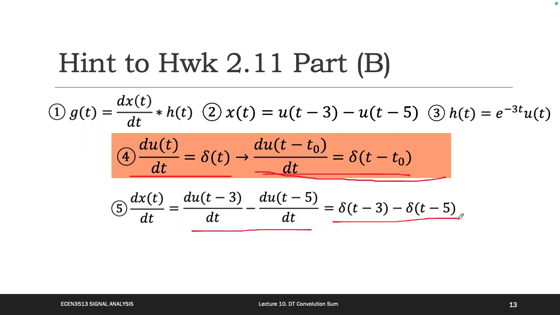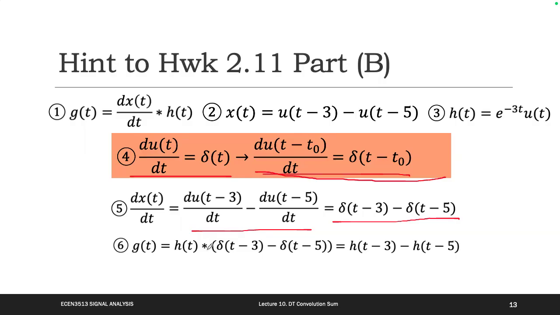So g(t) should equal h(t) convolved with this. Here we use the commutative property, and after that we use the distributive property. Just remove the parentheses and multiply each one, and then we use what property? Shifting property.